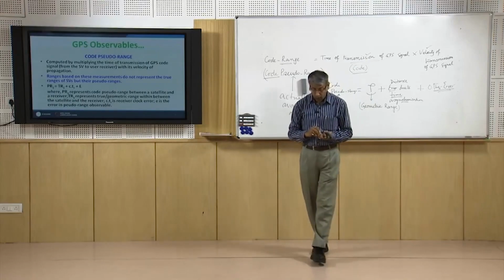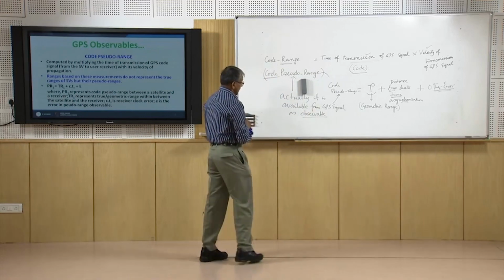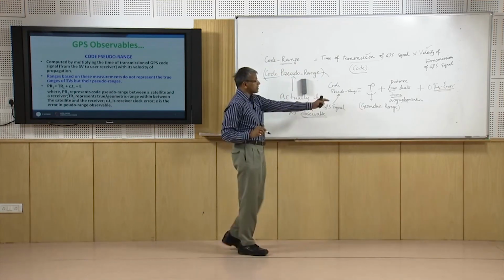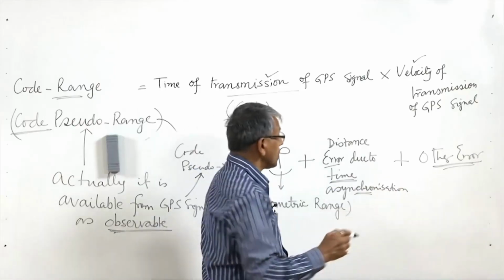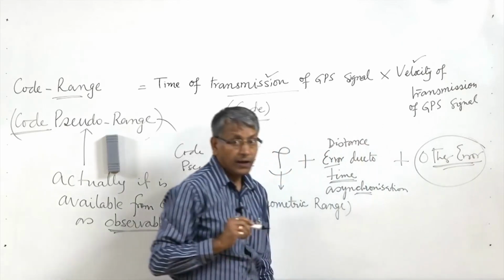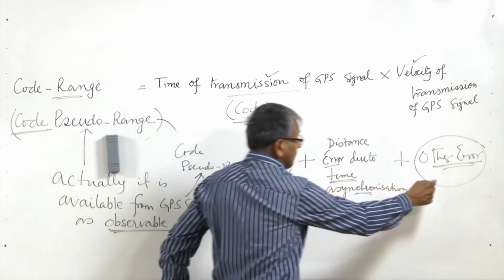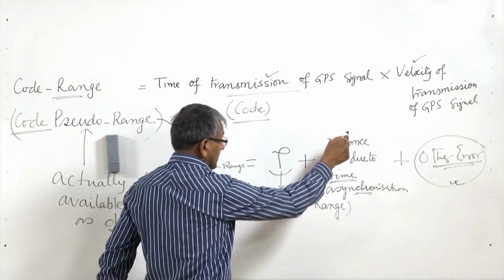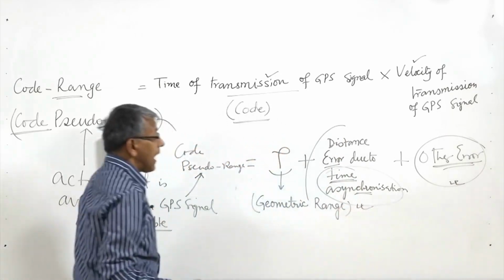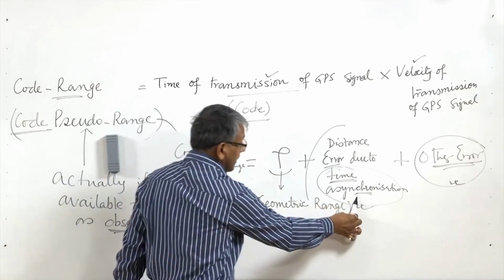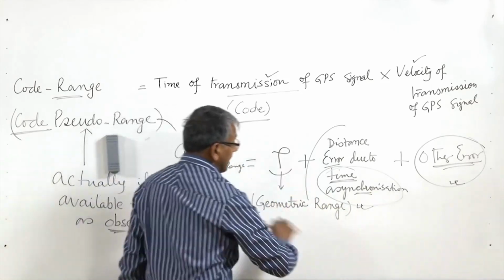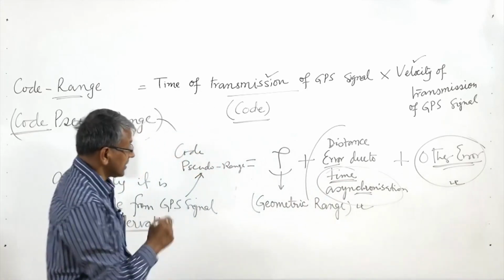This is our GPS code observable, and it consists of these three parts. So we need to know these errors and remove them, and after removing them we have to determine the time synchronization error, and once we know it, we will be able to find the position correctly.